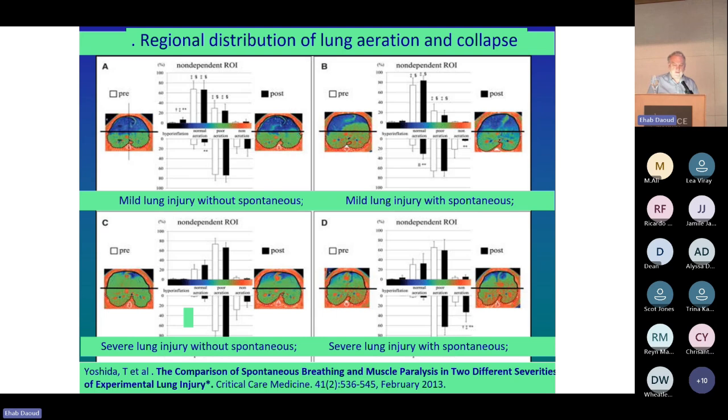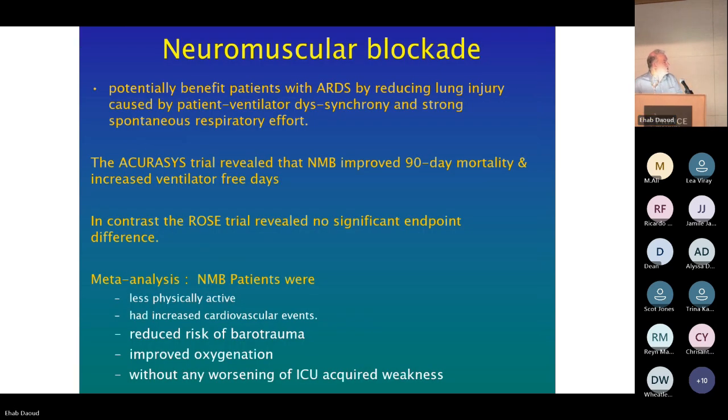In the early studies, however, the ACURASYS study revealed that 90-day mortality was improved, with more ventilator-free days and less mortality, in patients that received neuromuscular blocking agents. In comparison, the ROSE study showed no significant improvement in endpoint. Meta-analysis showed that neuromuscular blocked patients were physically less active.